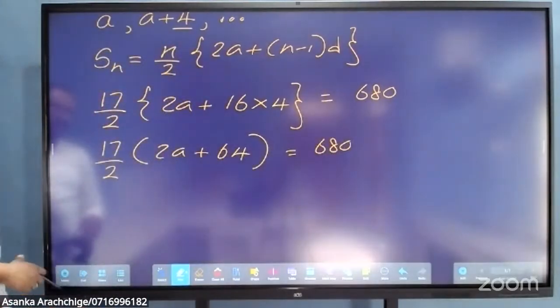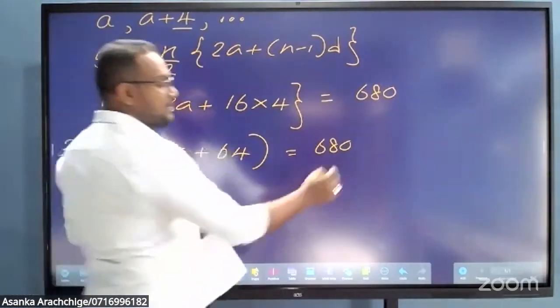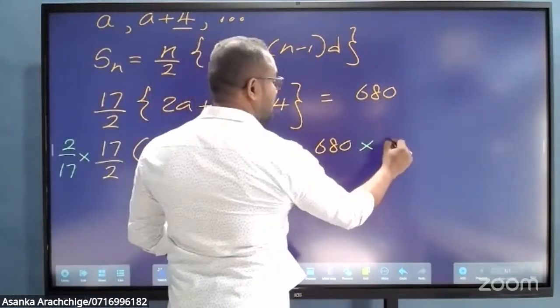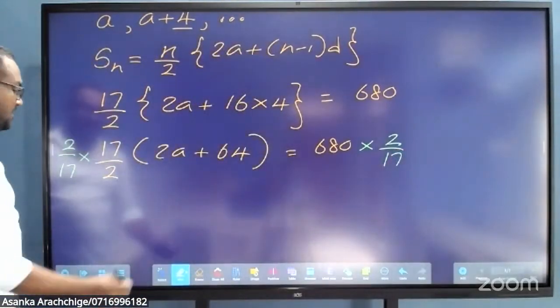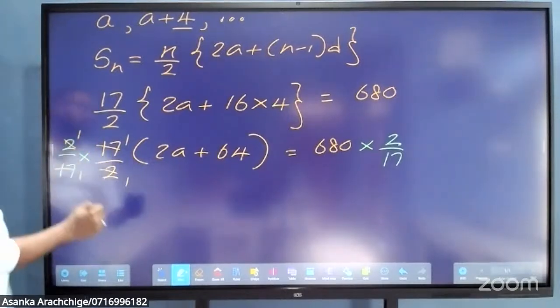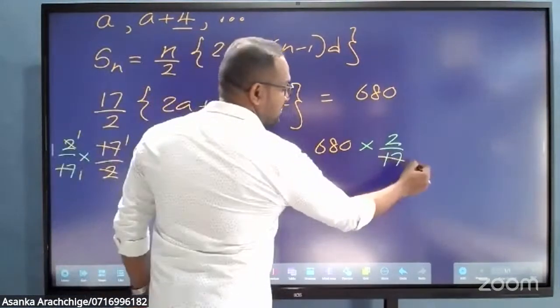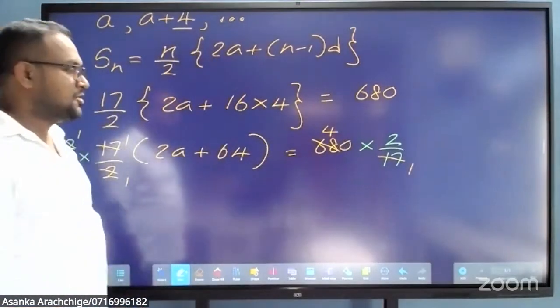Then I multiply this side by 2 upon 17 to cancel both 17 and 2. Then I multiply the other side also by the same 2 upon 17. Is that clear? Then you can cancel both 17 and 2. Here 17 times 1, 17 times 4, 68.